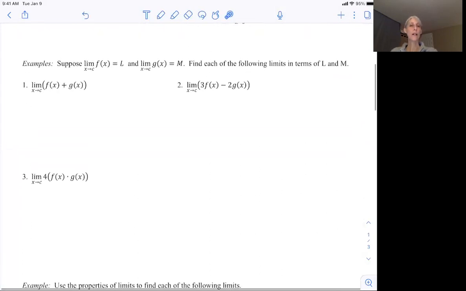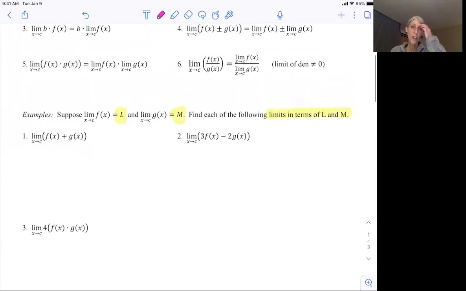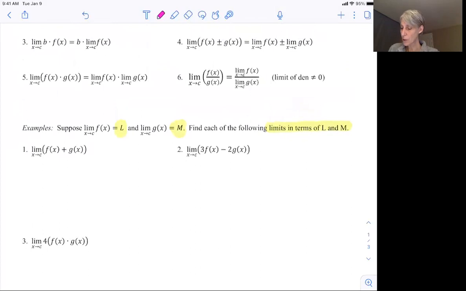If we look at an example, the limit as x approaches c of f of x equals L. The limit as x approaches c of some function g of x equals M. We're going to use our properties to find each of the following limits in terms of L and M. So I'm going to first just break this apart using my properties.